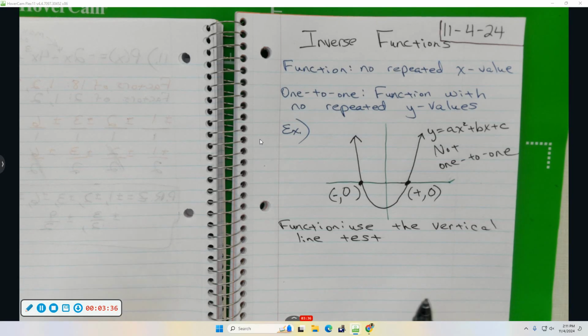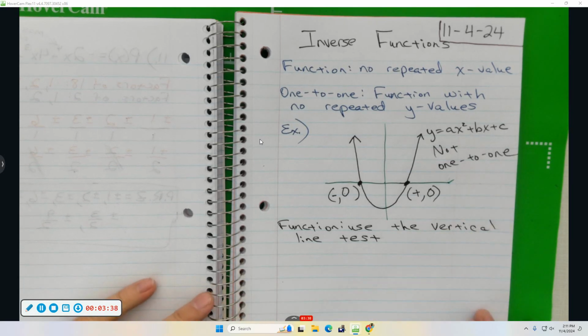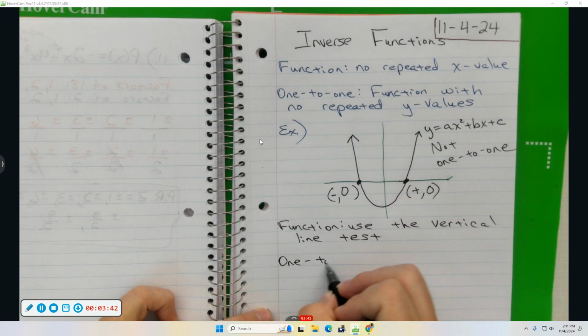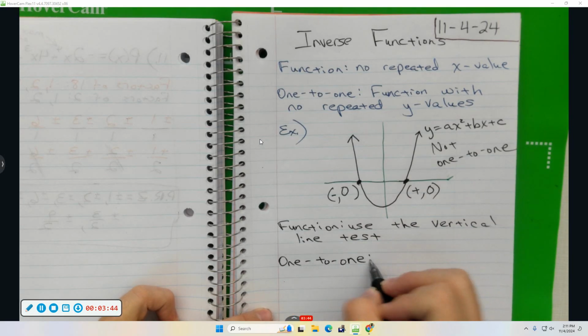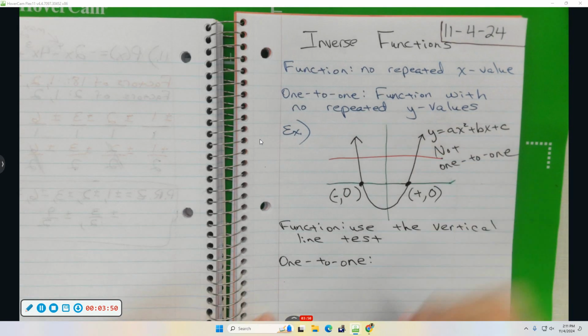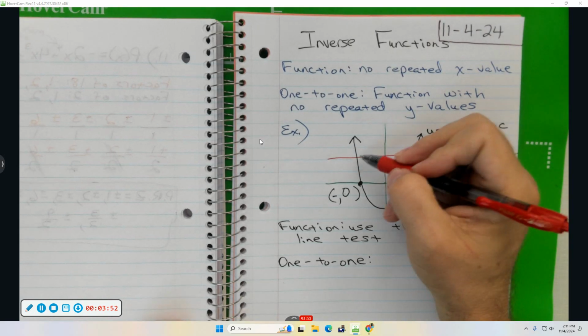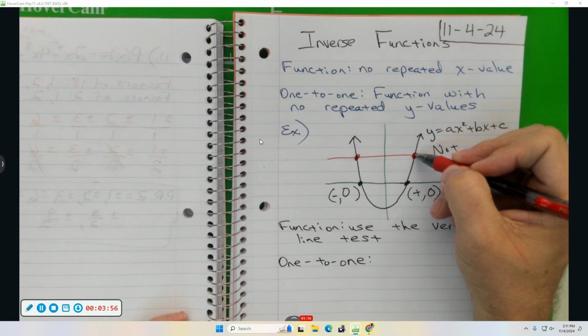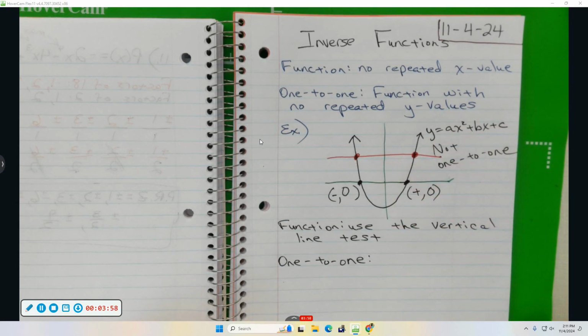To determine if a function is one-to-one, we have another test. If you can draw a horizontal line so that it hits the graph in two spots, then that graph is not representing a one-to-one function. There, you draw it right there, it hit it twice, so not one-to-one.